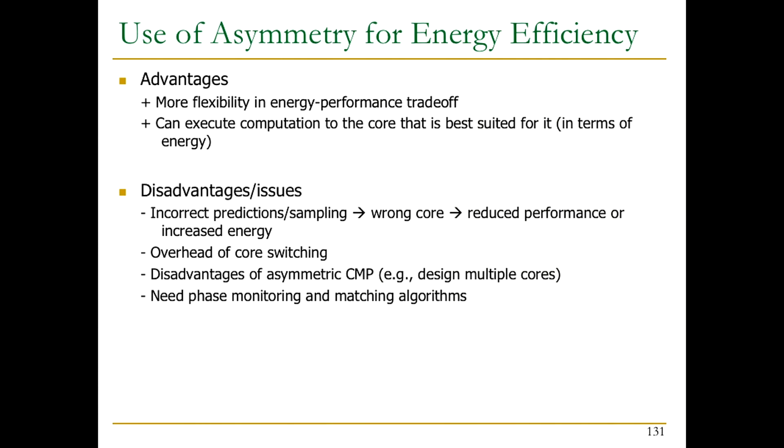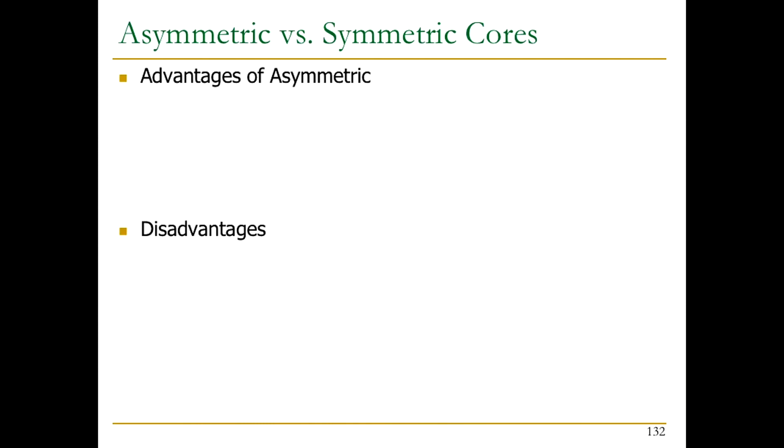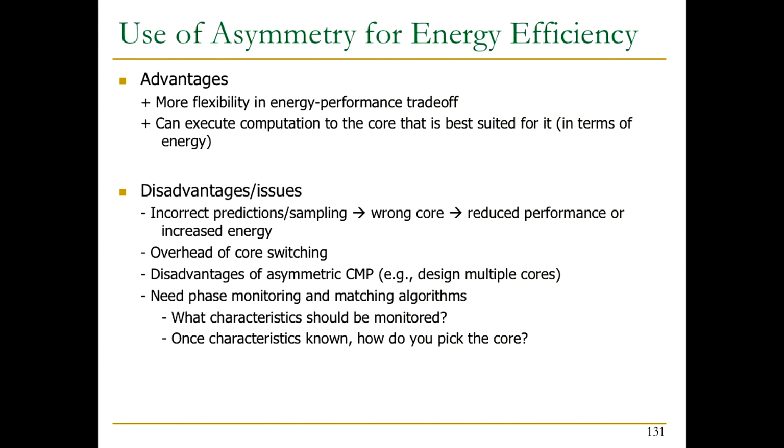You get program information, and the program tells you, oh, it may be a good idea to move over there, and you don't move everything, you move a small portion. Okay, what characteristics should be monitored? Once characteristics are known, how do you pick the core? So ARM's big.LITTLE actually has similar optimizations in its system to move between different cores.